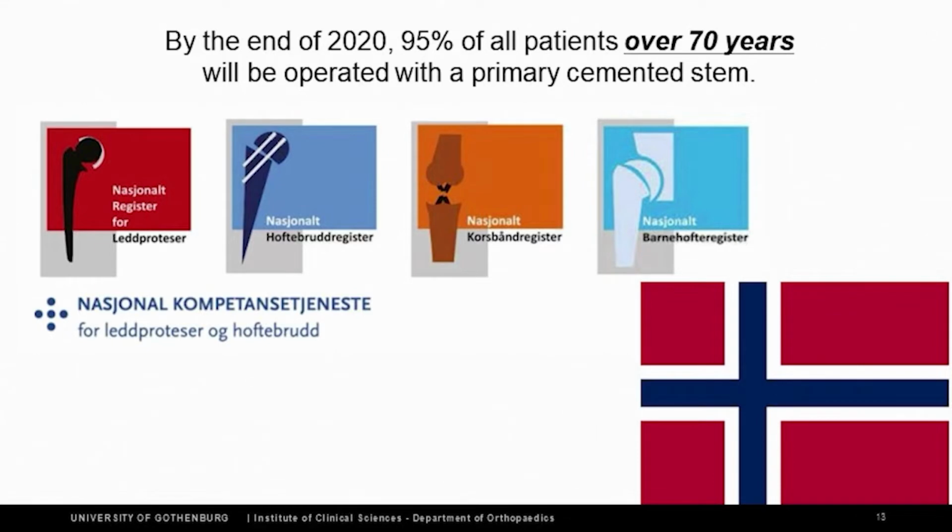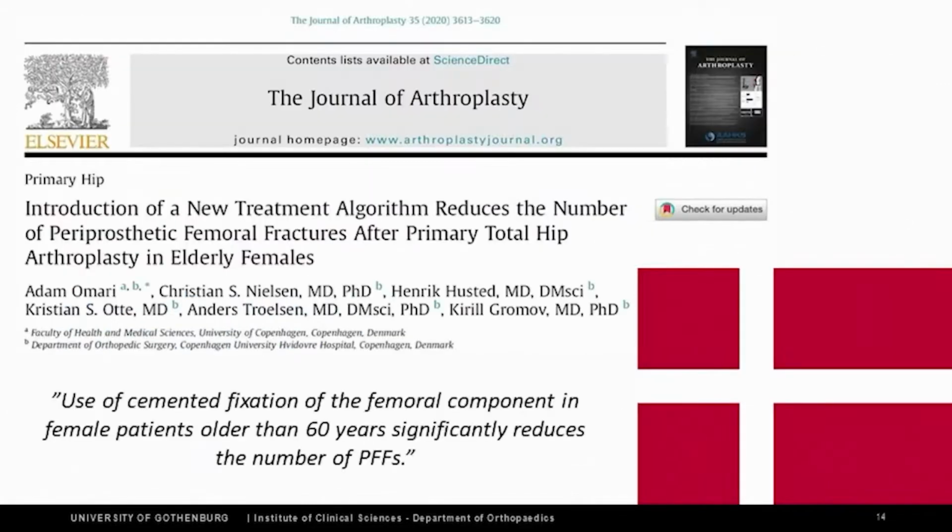In the annual report from the Norwegian Arthroplasty Registry, we read two years ago that they aimed to use cemented stems in 95% of all patients over the age of 70 years. Last year, a study from Denmark showed how they managed to reduce the number of early periprosthetic fractures by using cemented stems instead of uncemented in women older than 60 years.